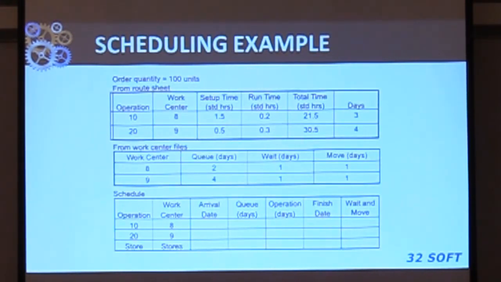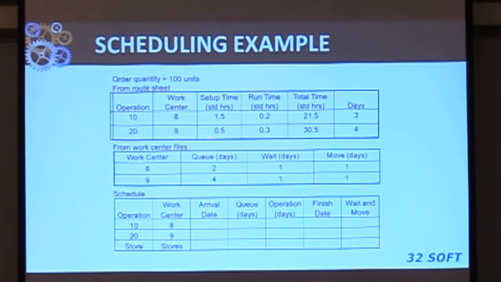Here's a little example of a forward schedule. I've got operations 10 and 20 in work centers 8 and 9, with operation 10 having a 1.5-hour setup and 0.2 runtime with 100 units, which means I've got a total standard time of 21.5 hours, which rounds off to 3 days.